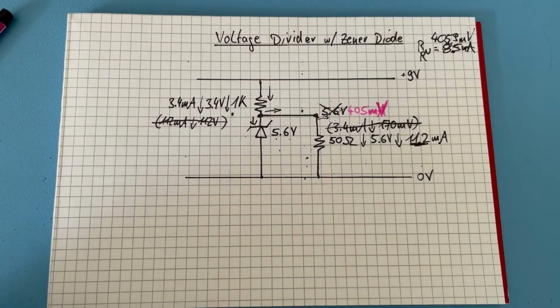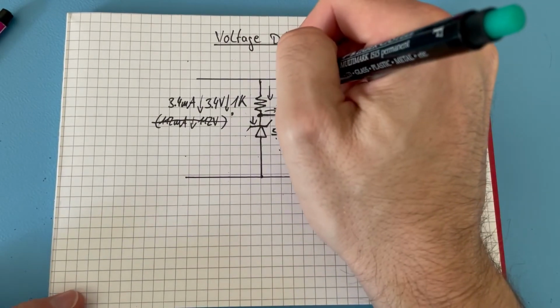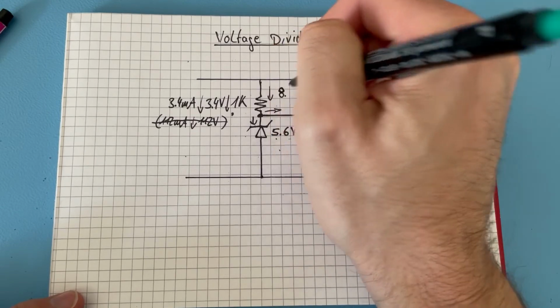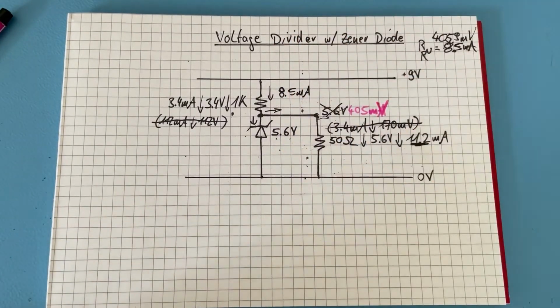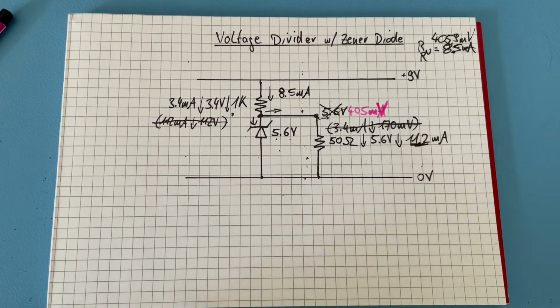And we measured that there is flowing in here 8.5 milliampere. And let me calculate that.